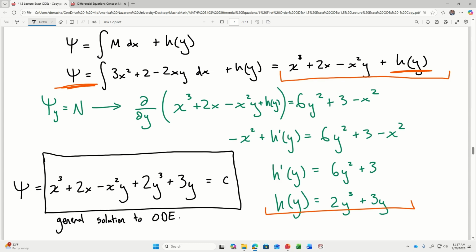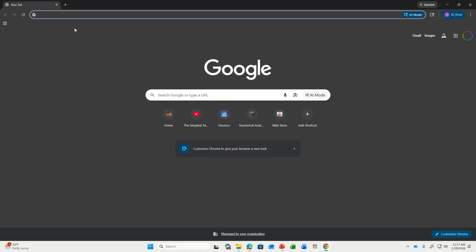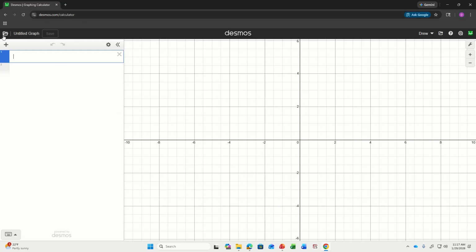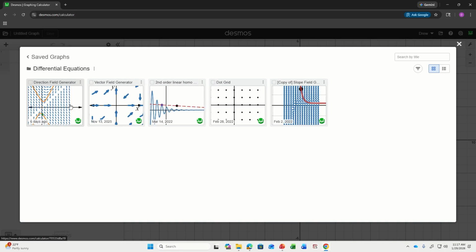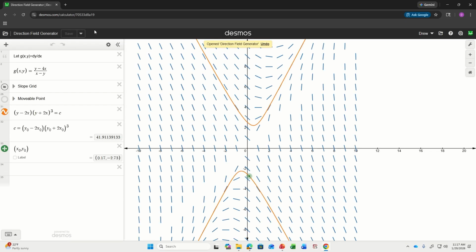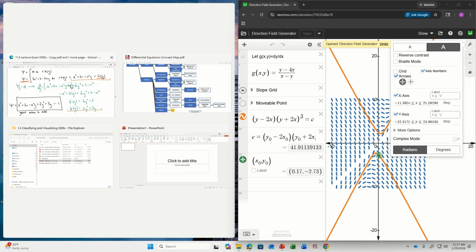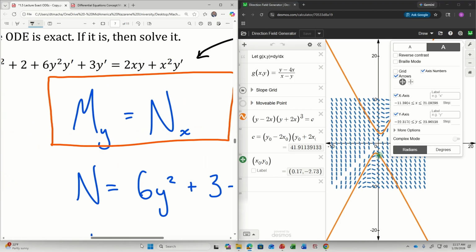Okay, let's check our answer. We can pull up Desmos and pull out our direction field. In here, I'm going to have to solve for y prime to put it into Desmos.